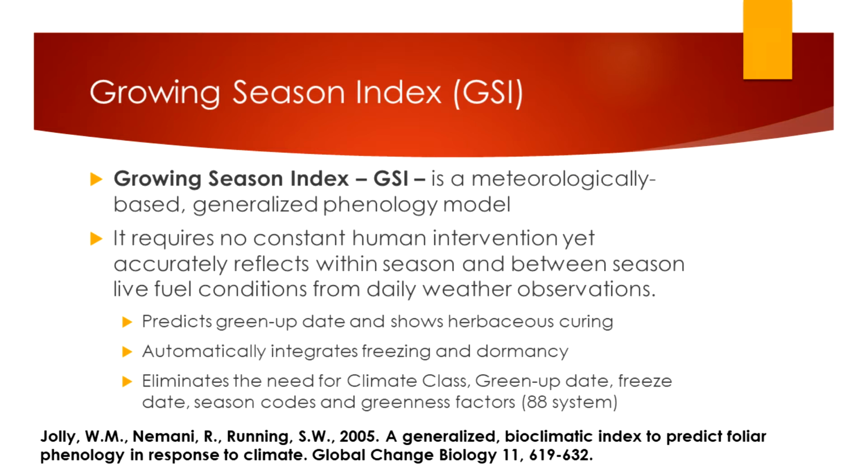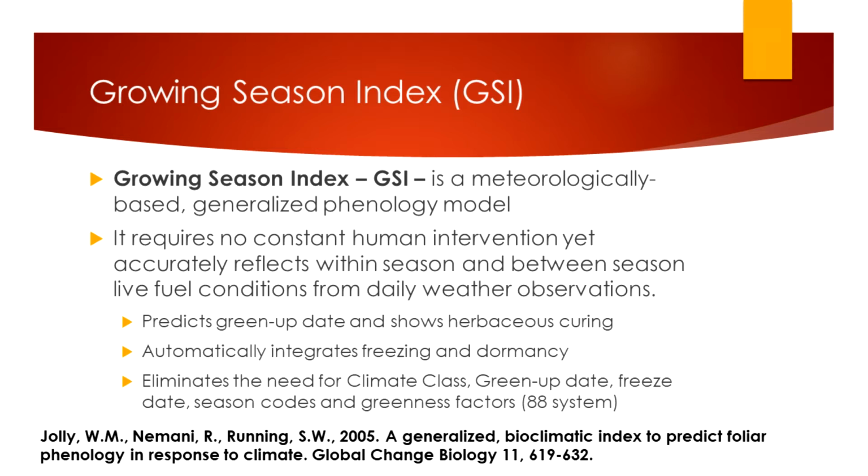The whole goal is to get rid of things like green up dates, curing dates, freeze and dormant dates, to create a system that predicts those things for us, so that we don't have to enter them into a system that can also predict them in the past.